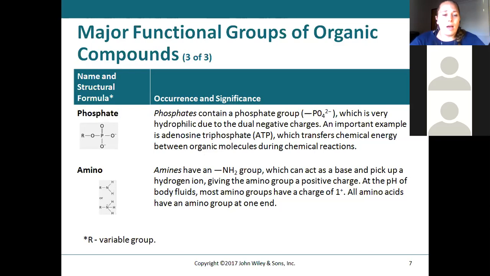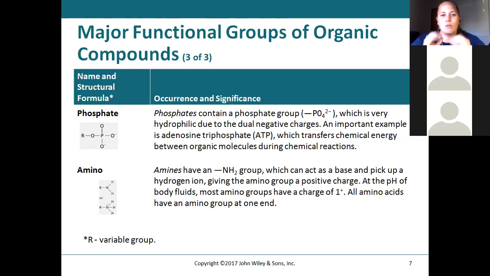So phosphates, we see phosphates in the body primarily, one place you see it is in DNA, the phosphodiester backbone, phospho meaning phosphate group. There's a phosphate group there that links each one of those nucleotides together. It also has a role in ATP, or adenosine triphosphate, tri meaning three.